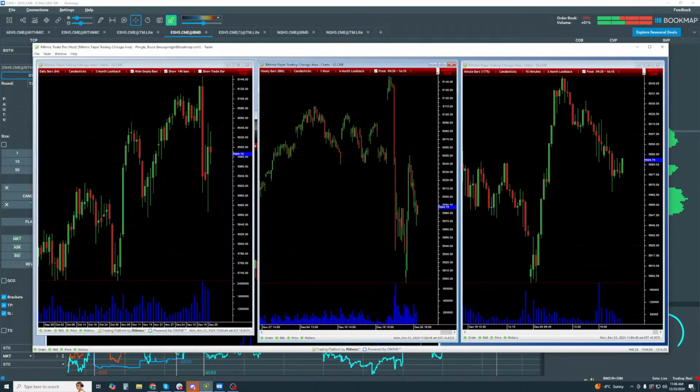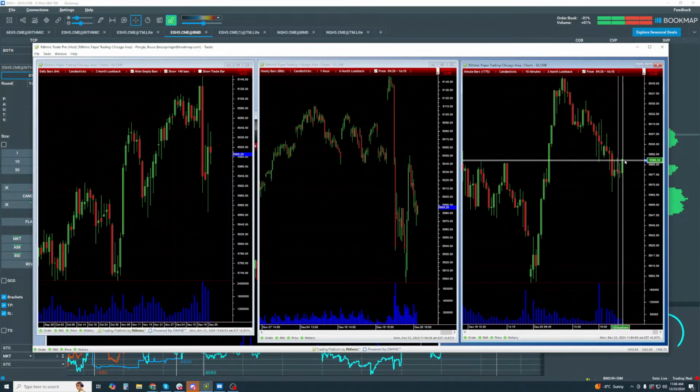Let's take a look at our candlesticks just to get a feel for what's going on in here. This little node in here is what we're reacting to. And this is now our third attempt up in here. We saw it in Bookmap, but this one looks pretty strong, coming back up to test.